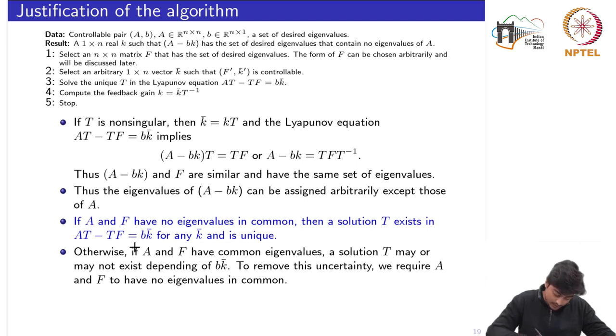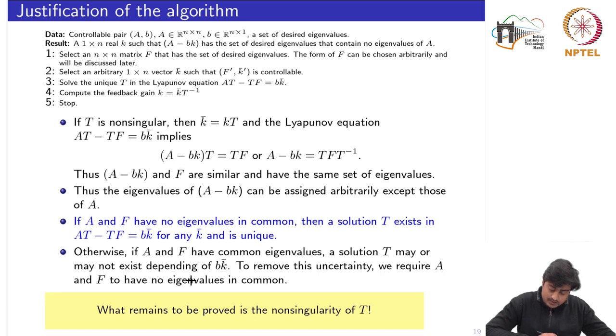This particular point in the first statement, we have seen if you recall the result on the Lyapunov stability for linear time invariant systems. So this was one of the points which we highlighted. So what remains to be proved is the non-singularity of T. At the same time, if T happens to be non-singular, it would be unique.